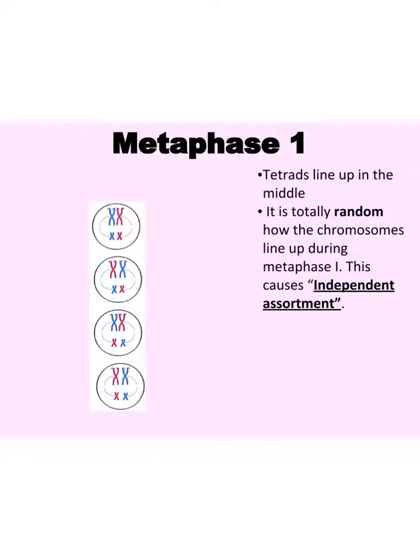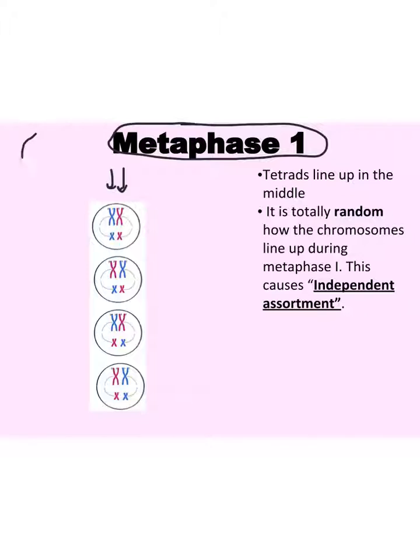All right, the next phase, of course, we still have our PMAT: prophase, metaphase, anaphase, telophase. Well, this is Metaphase I, the first of the metaphases. And the way you can tell it's Metaphase I is you look, there are 2 lines of chromosomes, basically 2 lines of X's.